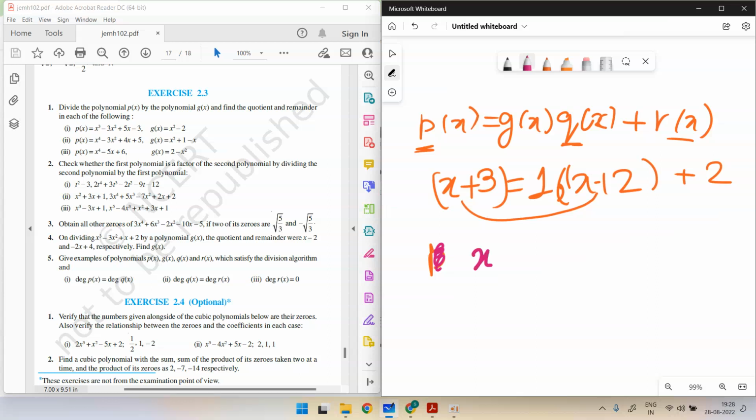So assuming this is x plus 2 equals, q(x) is, suppose, 3, and for g(x), divide this by this, we get g(x) as x by 3 plus 2, x plus 2.